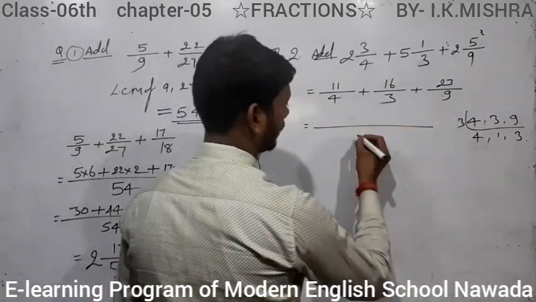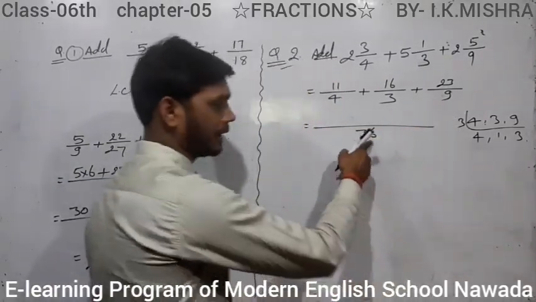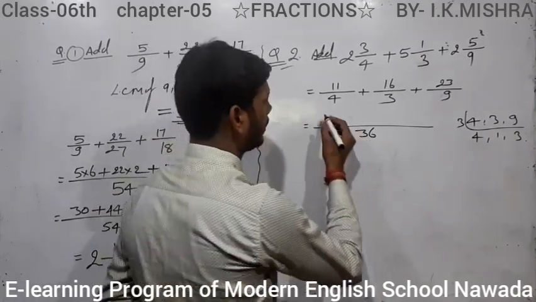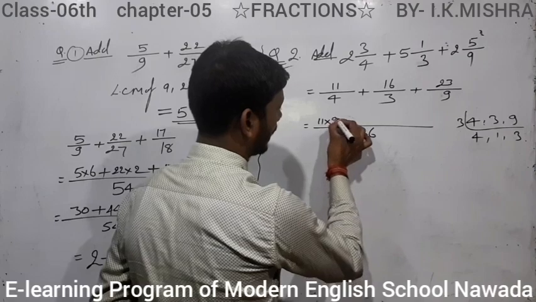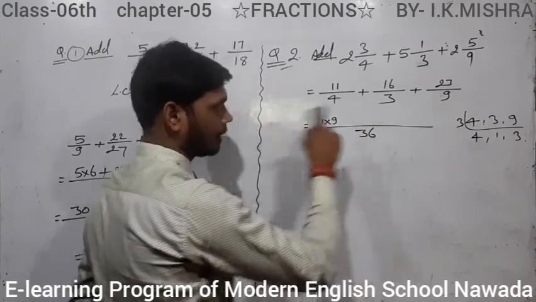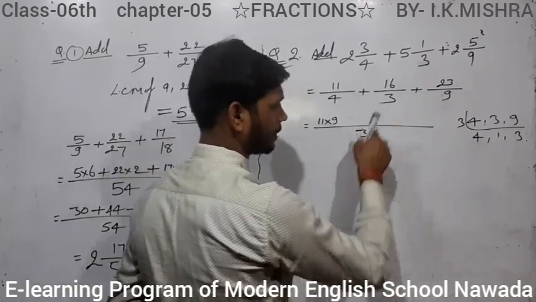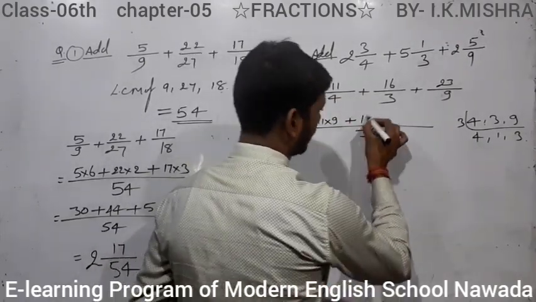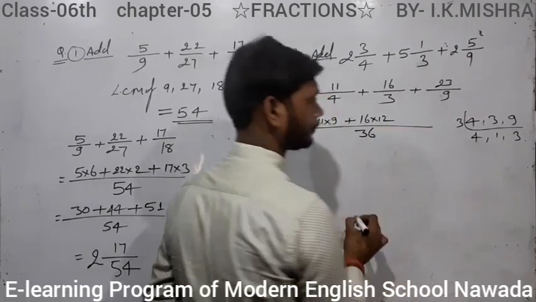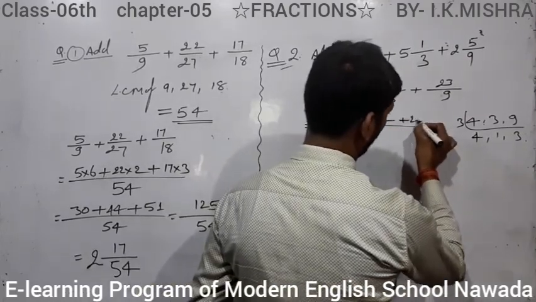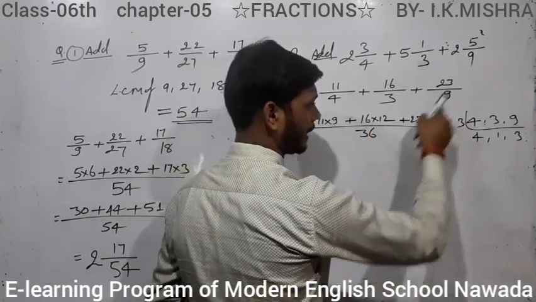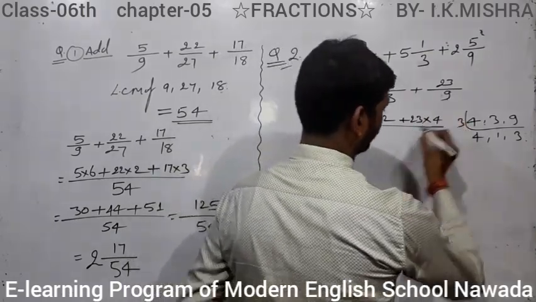Here write 36, divide 36 by 4, 9 times, here 11 into 9, 9 is multiplied by 11. After that divide 36 by 3, 12 times, here 16 into 12 and plus 23 into, divide 36 by 9, 4 times.